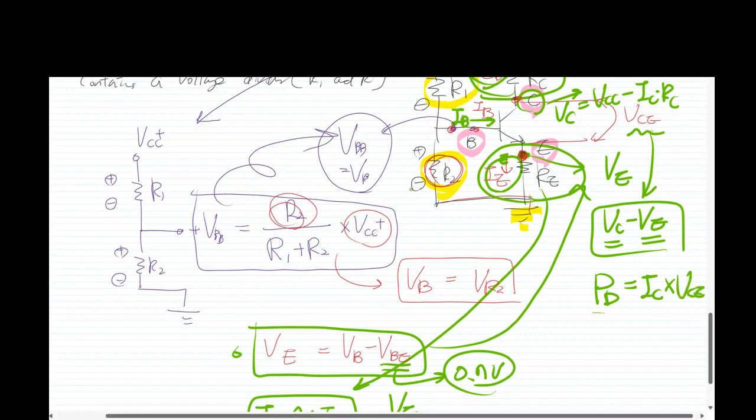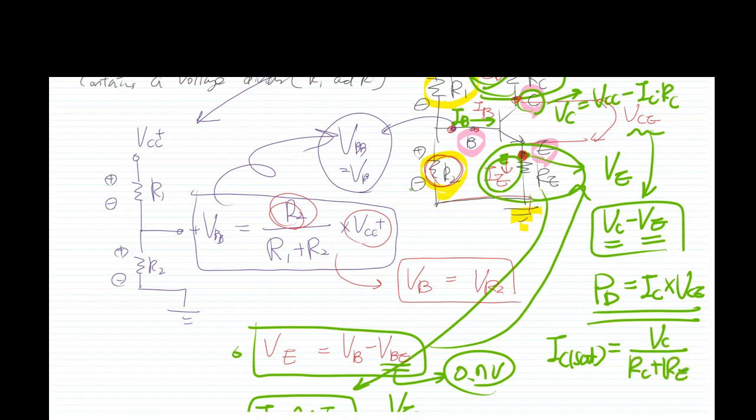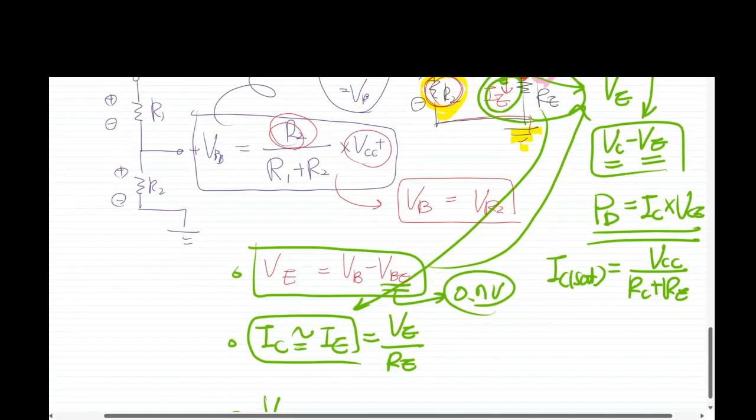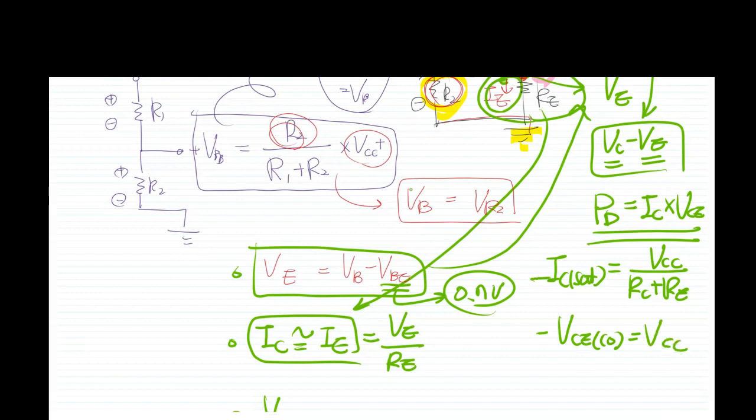And then to draw the load line, I sub C saturation is V sub CC over R sub C plus R sub E. And then V sub CE cutoff, same thing, is V sub CC.